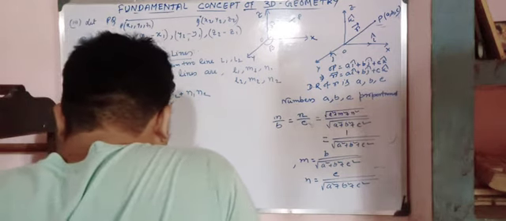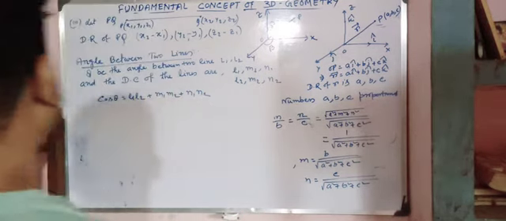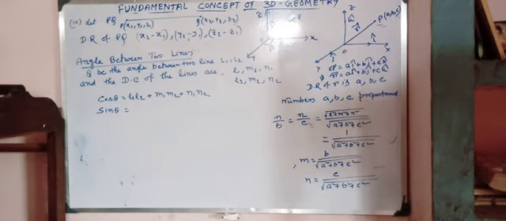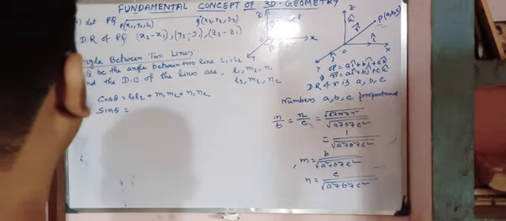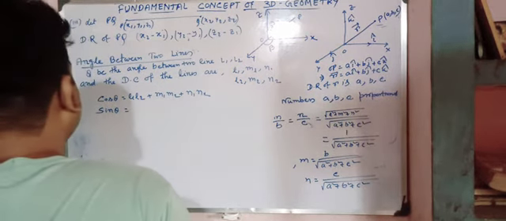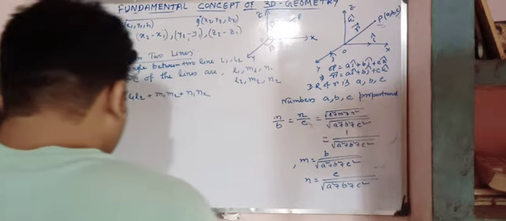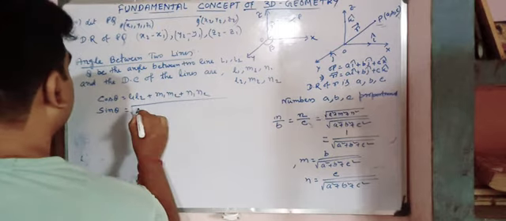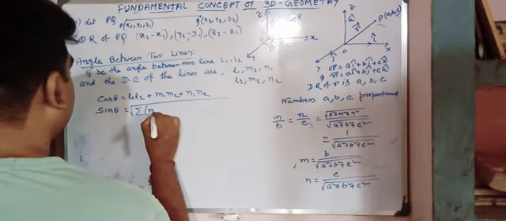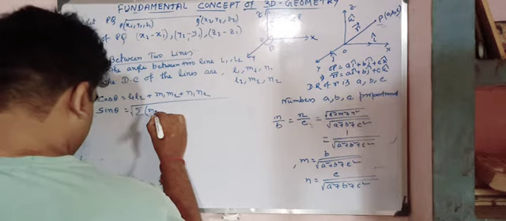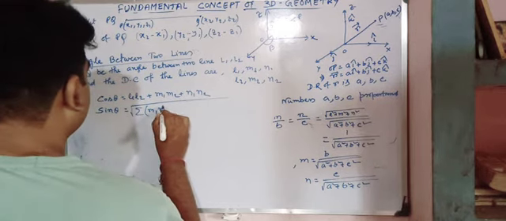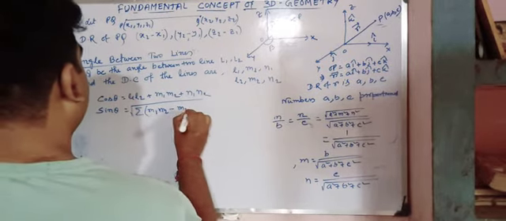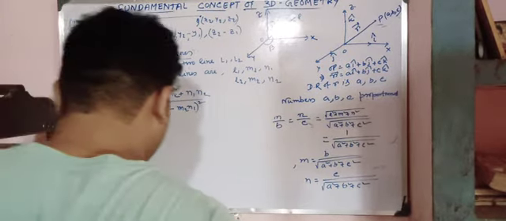And sin theta is equal to, we have to take this formula, root over of summation of (m1 n2 minus m2 n1) square.